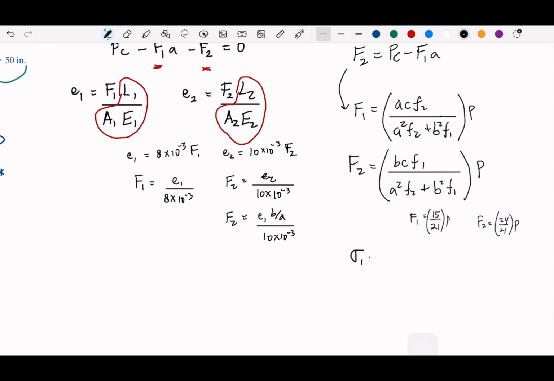So the allowable can be described by these stress definitions, and we get this, and then divided by A1, and then sigma 2 we can also divide.